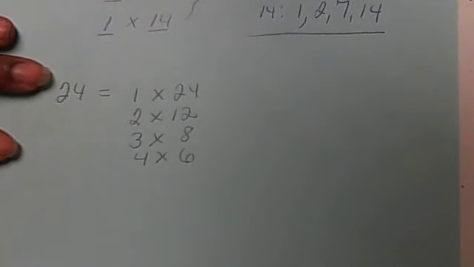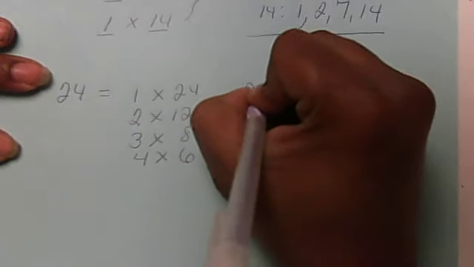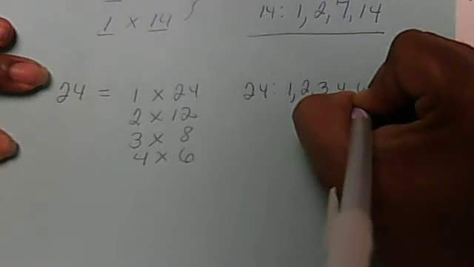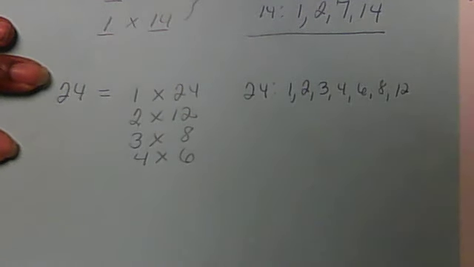And these seem to be all the factors of 24. But what about larger numbers? Now I know my factors of 24 are 1, 2, 3, 4, 6, 8, 12, and 24.